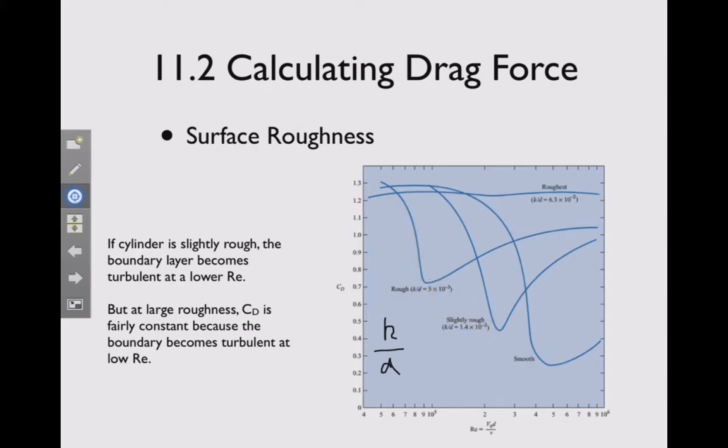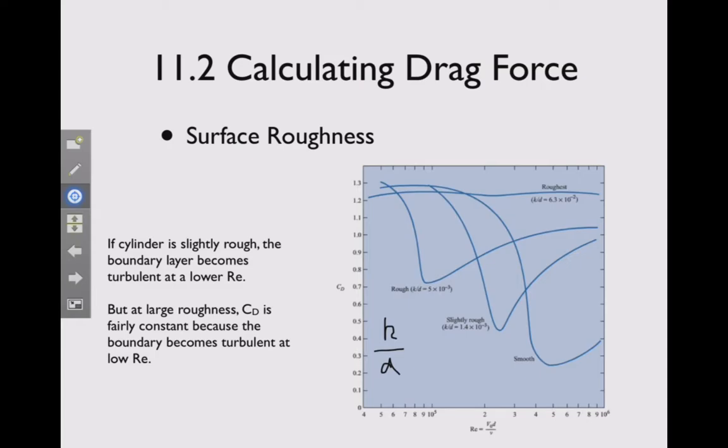As we get to the roughest cylinder, with a k over D value of 6.3 times 10 to the minus 2, we can see that once it becomes rough enough, the boundary layer becomes turbulent even at low Reynolds numbers, and so we have a constant drag coefficient as a function of Reynolds number.